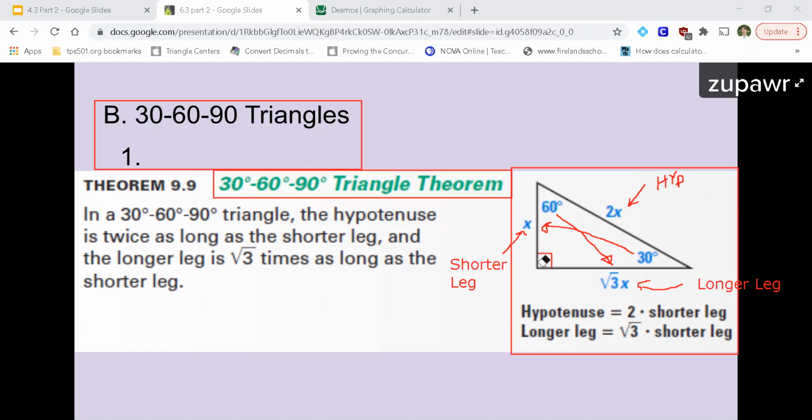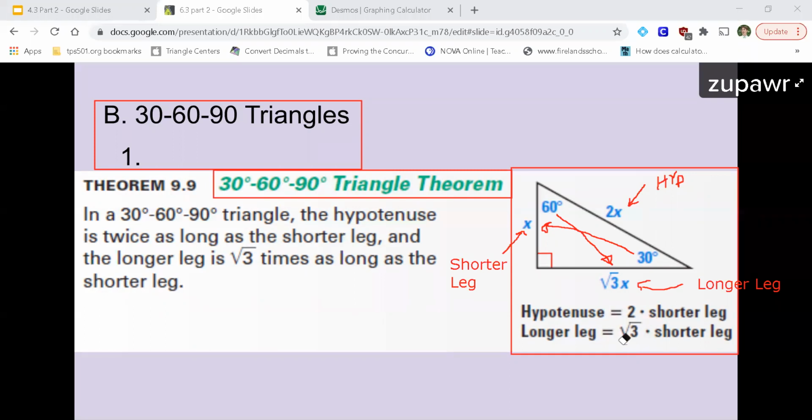So as I said, when we were doing problems with the Pythagorean theorem, the most important part of solving those problems was the very first step, labeling. That's the same thing with 30, 60, 90 triangles. The hardest step is going to be labeling them right at the very beginning. If you can label them correctly, then using these formulas is actually not too bad.